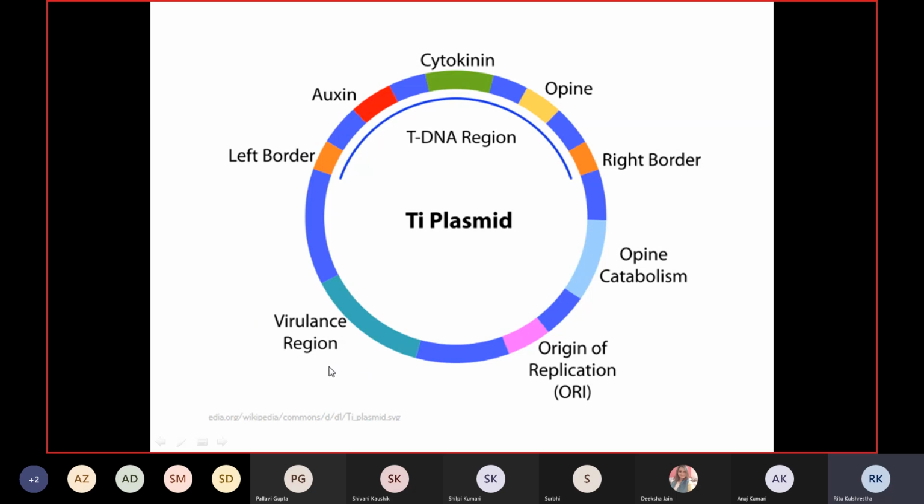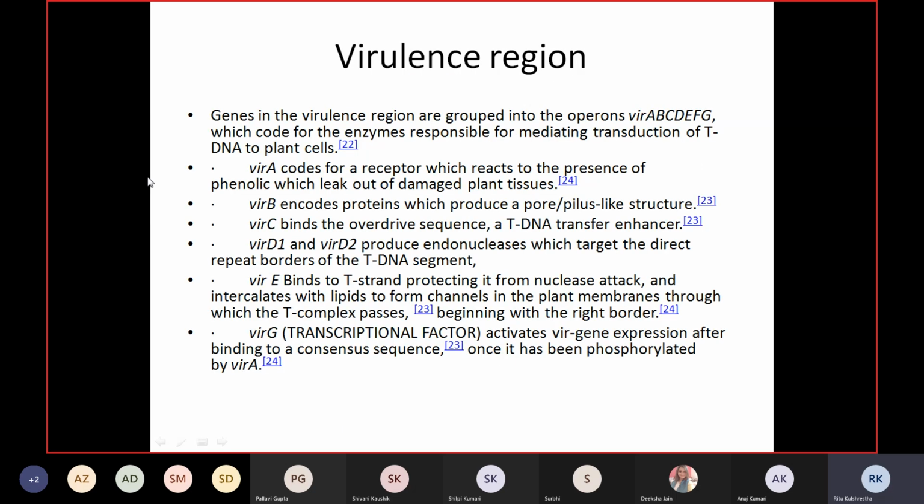Now coming to something which is written here, which is the virulence region. This is called the vir region, and this region encompasses a whole battery of vir genes or virulence genes from A to G, and the function of each of these is given here. So you can please see it.